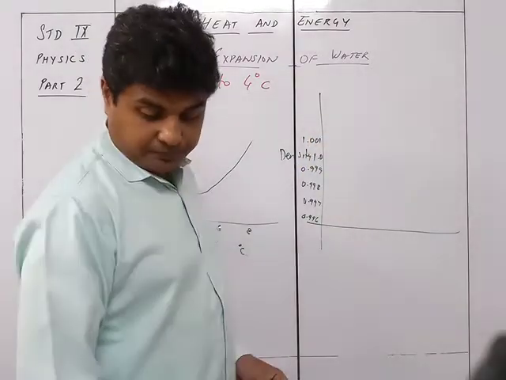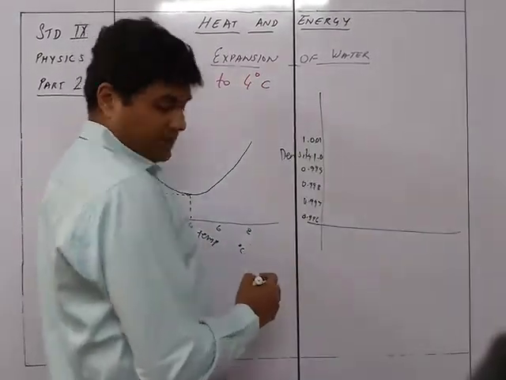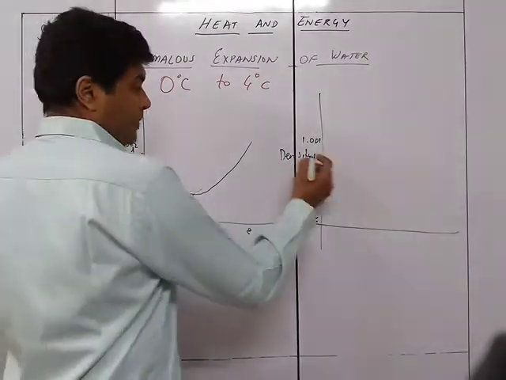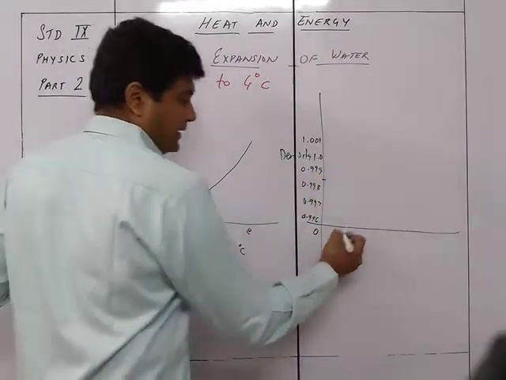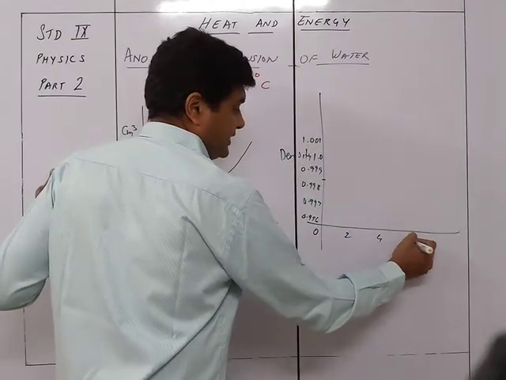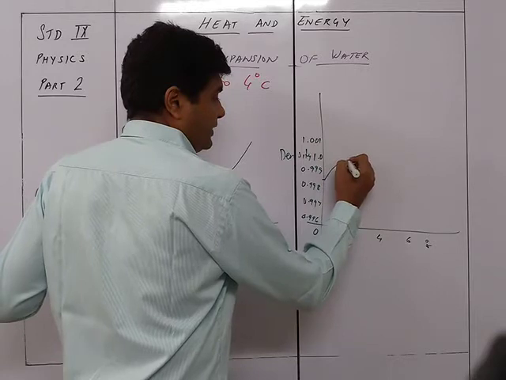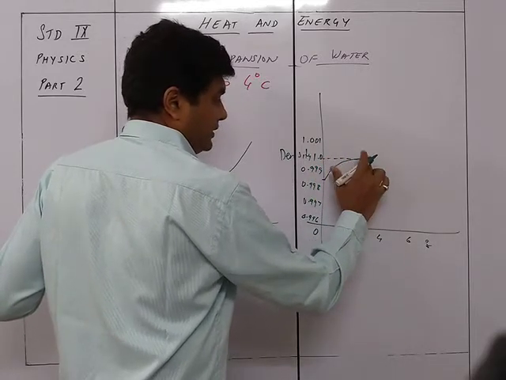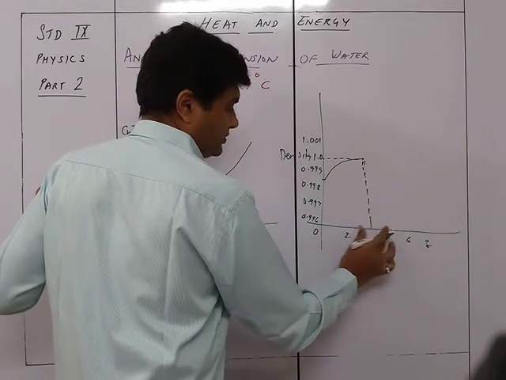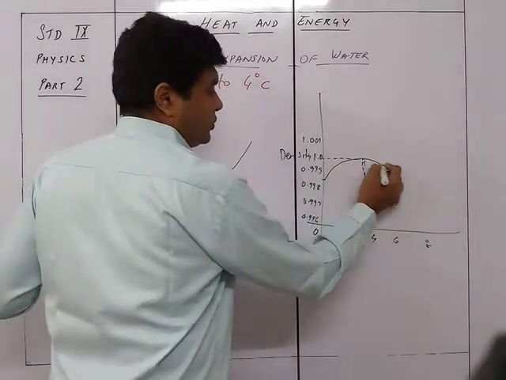Initially the density at 0 degrees Celsius will be somewhere here, and then 2 degrees, 4 degrees, 6 degrees, 8 degrees. It will go up till it reaches 4 degrees, and then at 6 it is going to drop down.